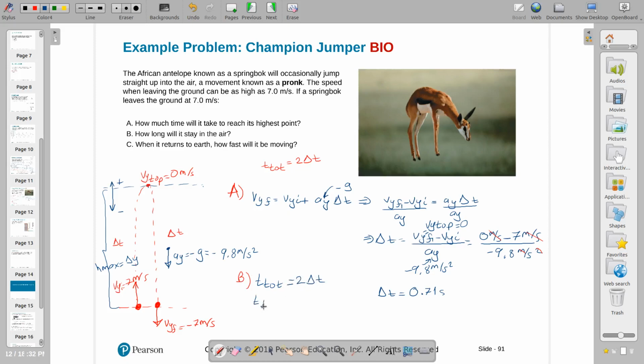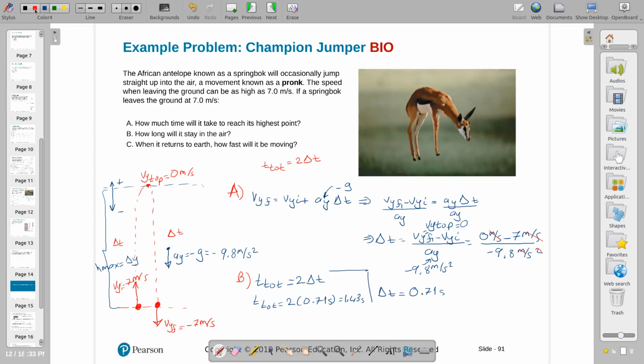So t total is equal to 2 times 0.71 seconds, and that's equal to 1.43, about there, seconds.